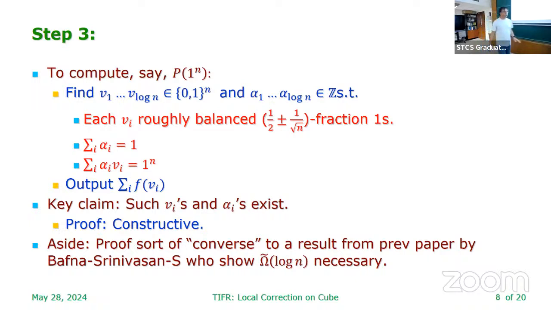Roughly what's going to happen, you can draw a picture over here. Now we should really draw the Boolean hypercube. This is the point 1 to the n, this is 0 to the n. Imagine you want to recover the value of the function p over here.